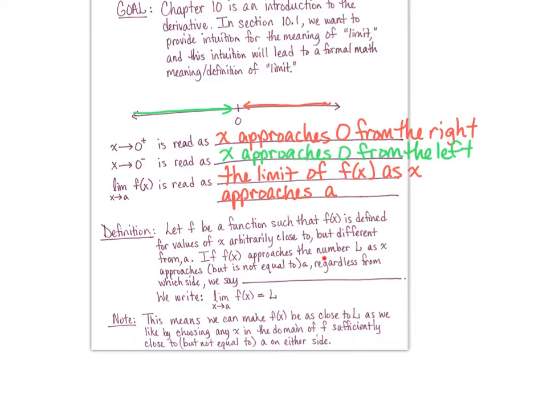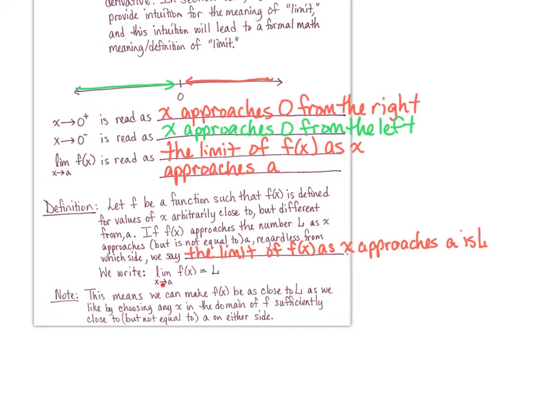If f of x approaches the number L as x approaches but is not equal to a, regardless from which side, we say the limit of f of x as x approaches a is L. The notation is this.